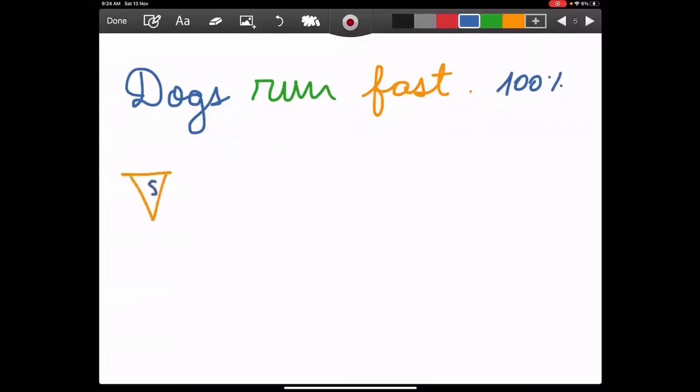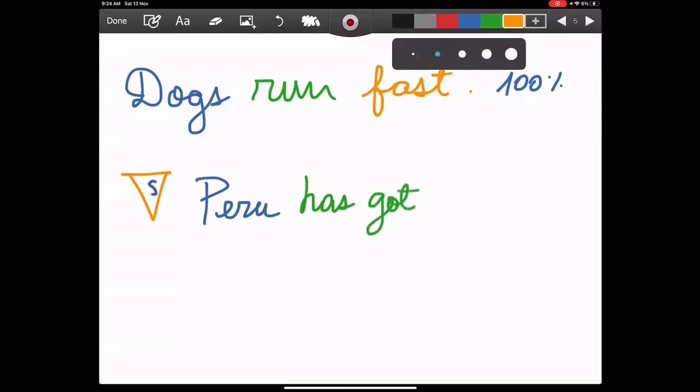Now, if we talk about something in singular, remember the triangle, he, she, or it. Then the verb will go with an S. Country, Peru. Has, not have. I use the letter S because it's singular. Peru has got delicious food.